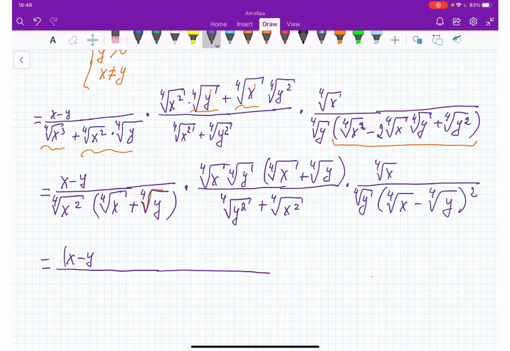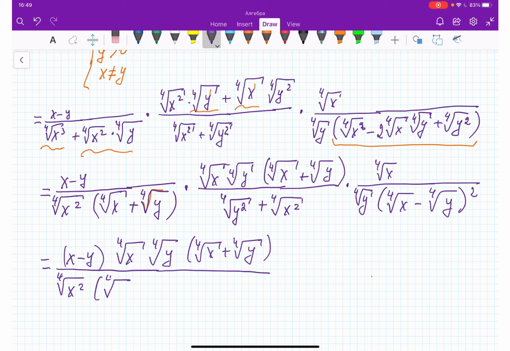X minus y, and then I'm getting x at the radical degree 4, and then y at the radical degree 4. Here we get radical degree 4 of x plus radical degree 4 of y. Okay, in the denominator I get 4 square root, radical degree 4 of x squared.